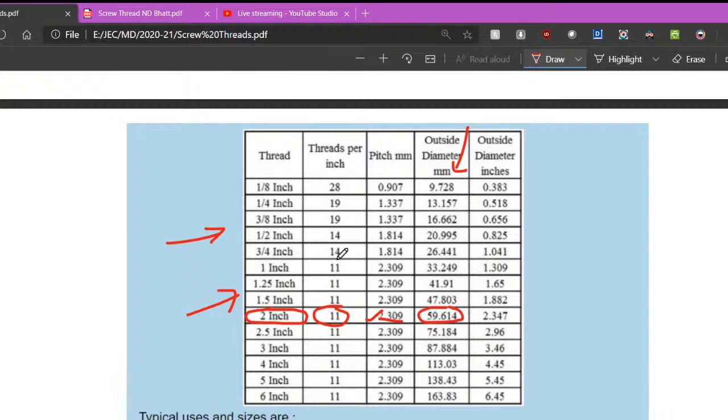See, up to 1 inch the threads per inch are constant, and pitch is also constant. Only difference in outer diameter. So you can select your outer diameter based on your requirement.